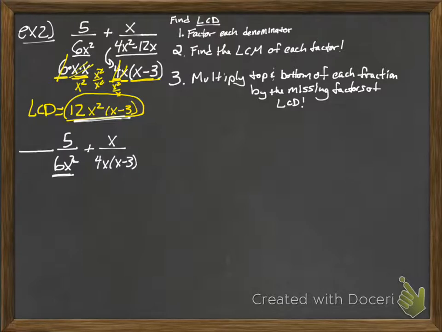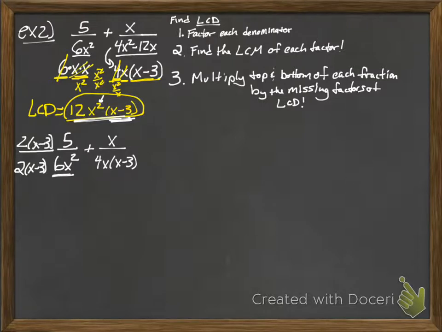In order to make 6 into a 12, I'd have to multiply by a 2. And I already have an x squared to compare with the LCD's x squared, but it's missing an entire x minus 3 factor. So I have to multiply top and bottom of the first fraction by a 2 and an x minus 3 factor.